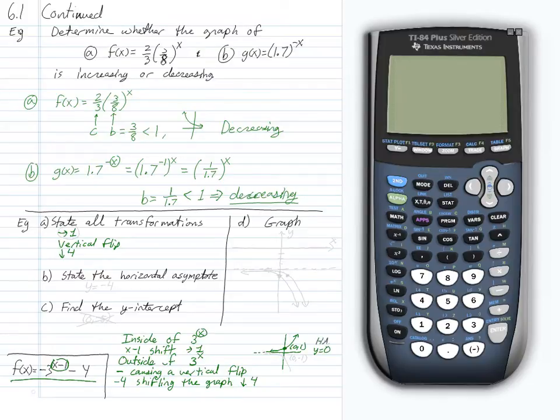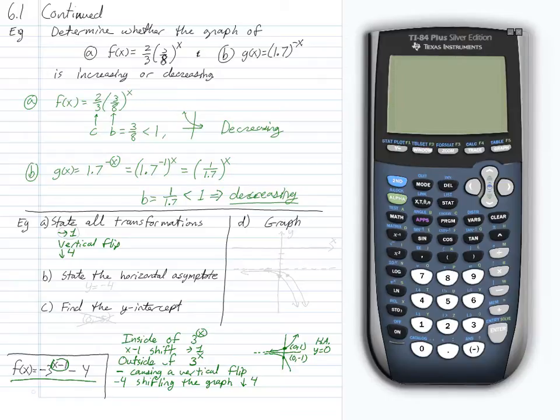I like to shorten that to HA. Alright, well if we flip our graph, my y-intercept will reflect down to 0, negative 1, but my horizontal asymptote is in the same place. My graph still approaches y equals 0 as we go off to the left.